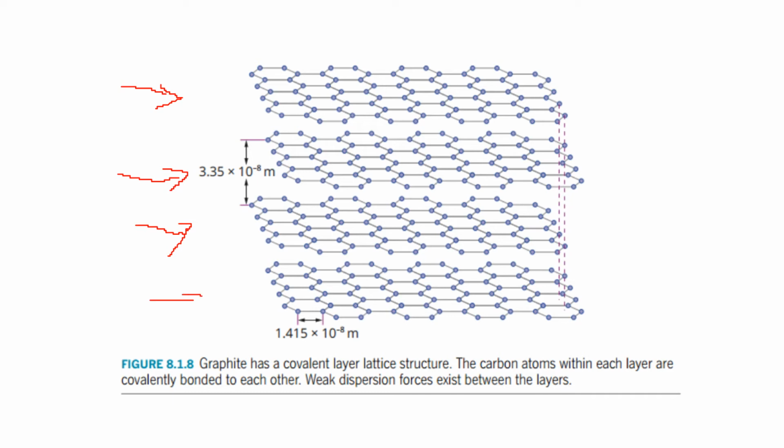And what you can see is that each layer consists of carbon bonded to 3 other carbon atoms through strong covalent bonds, and each layer is separated one after another, and we have those weak dispersion forces that exist between layers because of the presence of the delocalized electrons as well. So I'll show you on the next slide.